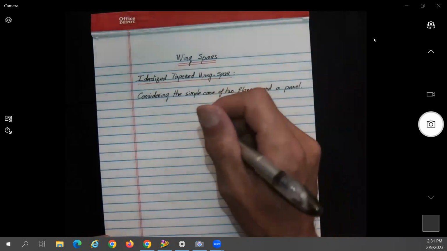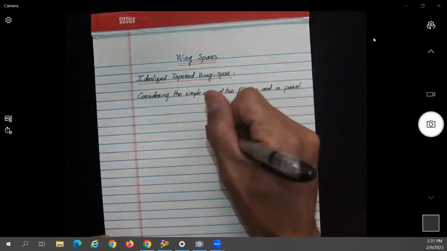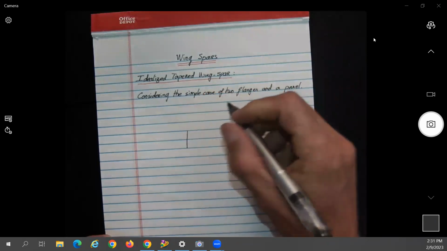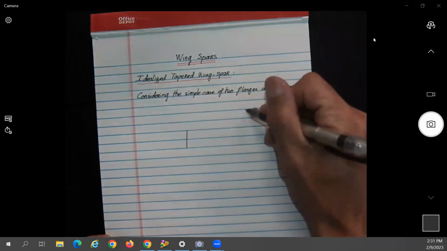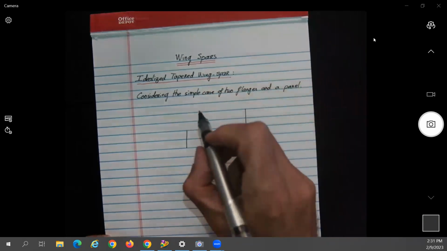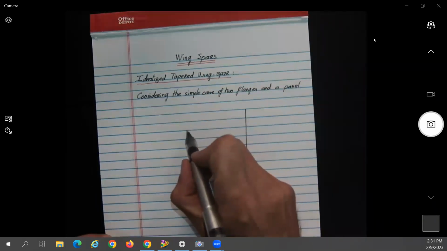Okay, so here be careful with your figures. Nice figures help a lot for the understanding. So let's say we have two on top, two at the bottom. So let's say this is our panel.